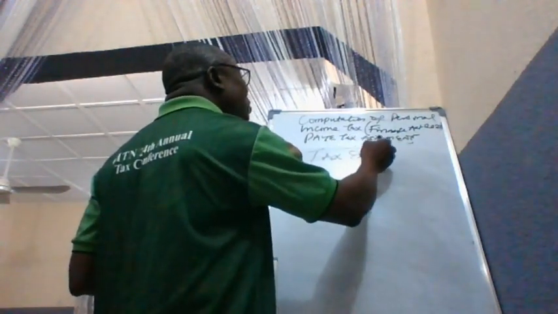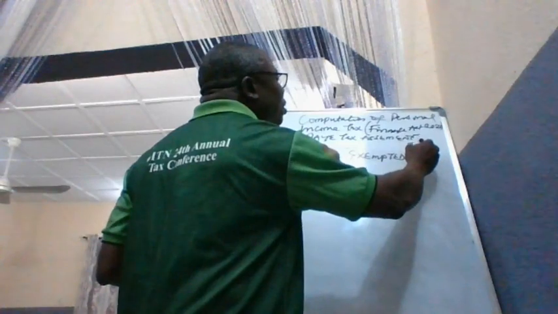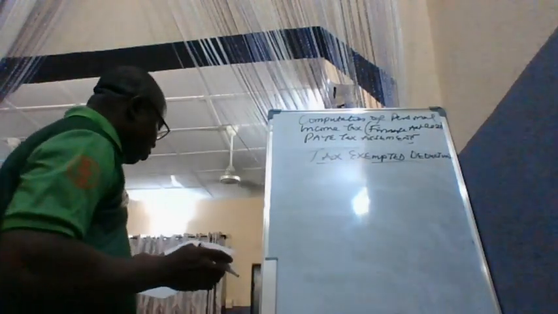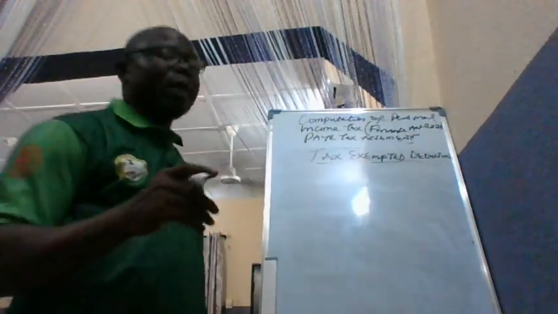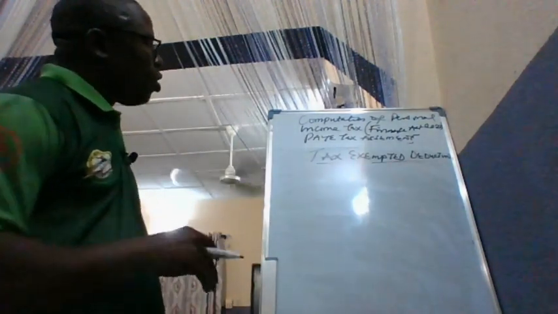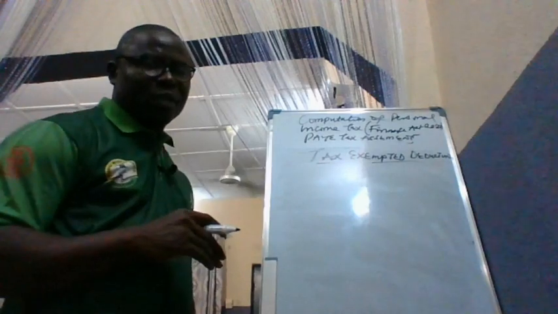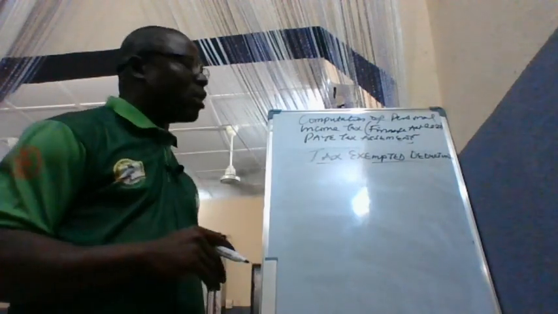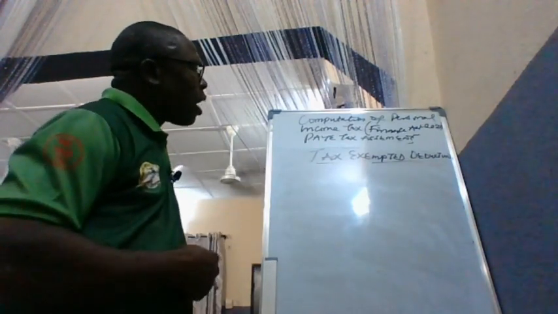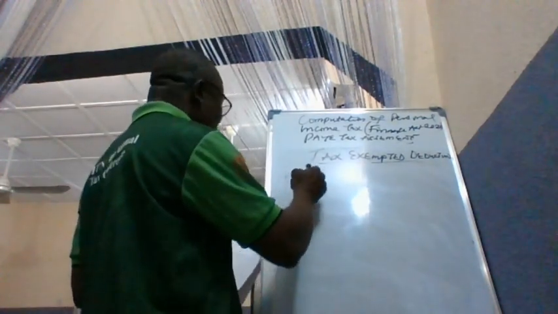Looking at the Finance Act, it categorizes and spells out those items that need to be exempted or deducted before we arrive at the chargeable tax amount.